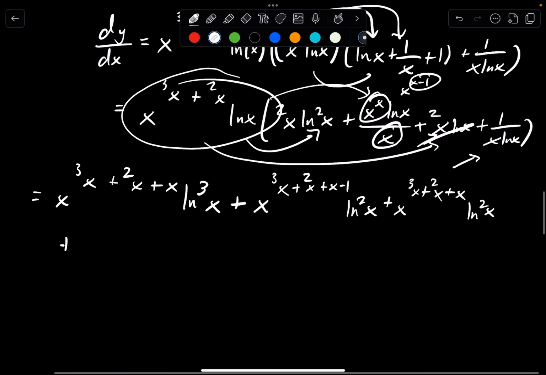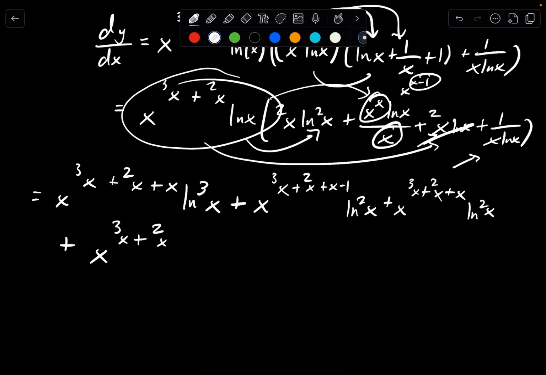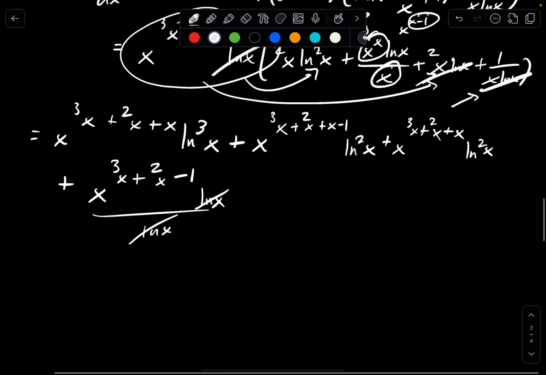And then we finally add x to the x tetration 3 plus x tetration 2, and since we have x in the denominator, that's x to the minus 1, we can just subtract 1 right here, and then we do ln x all over ln x, and the ln x and ln x cancel. This one and this one, they cancel.